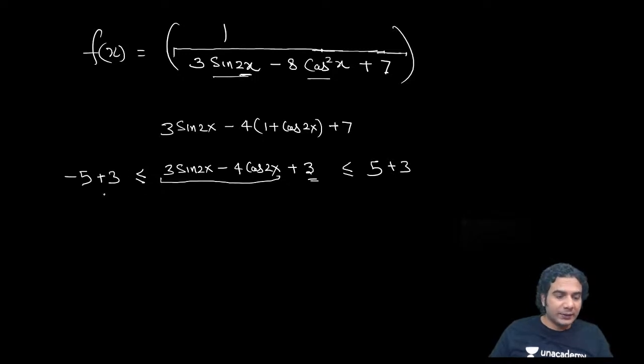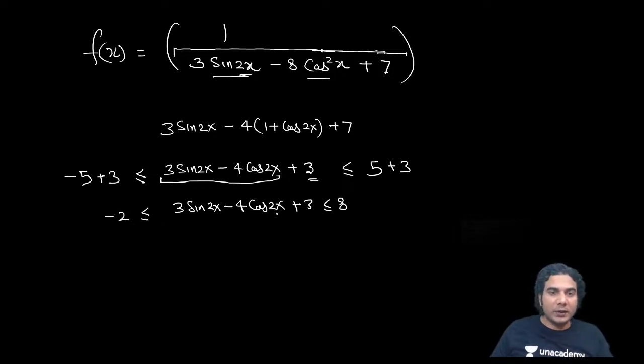Good, perfect. Your answer seems correct. Now you will get 3 sin 2x minus 4 cos 2x plus 3 is less than or equal to 8 and greater than or equal to minus 2. Now you need to take the reciprocal of this, which is 1 upon 3 sin 2x minus 4 cos 2x plus 3.